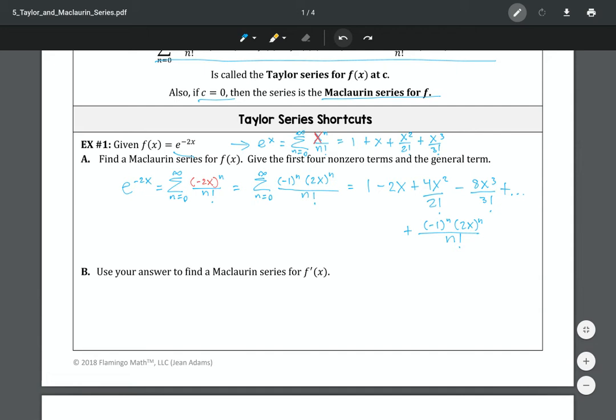Let's see, f prime. I'm trying to figure out a way to write this. We're trying to take the derivative of this, and we know that's the same thing as taking the derivative of the series that I found in part A.